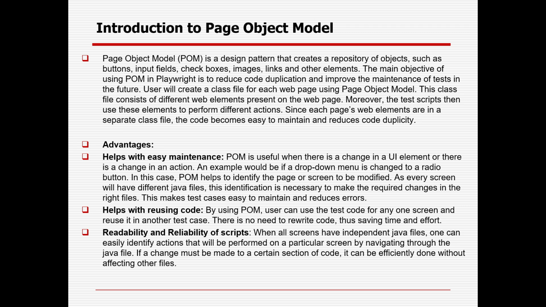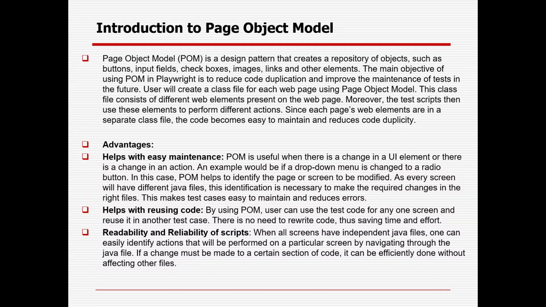The user will create a class file for each web page using the page object model. This class file consists of the different web elements present on the web page. Moreover, the test script then uses these elements to perform different actions. Since each page's web elements are in a separate class file, the code becomes easy to maintain and reduces code duplication.